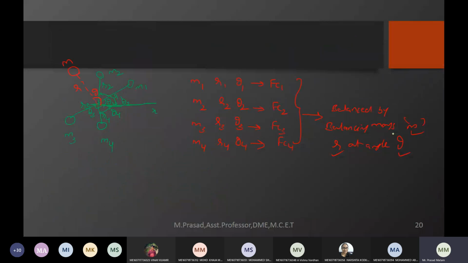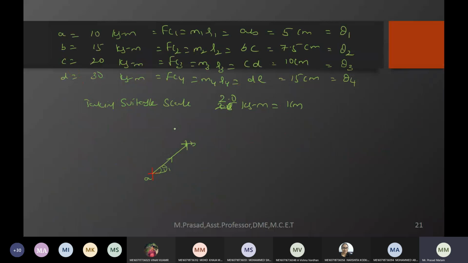That is what I am drawing here again. You can see here, with respect to B, how much length do I need to draw? 7.5 centimeters from point B. Now this is exactly perpendicular, 90 degrees. This vector is making an angle of 90 degrees.